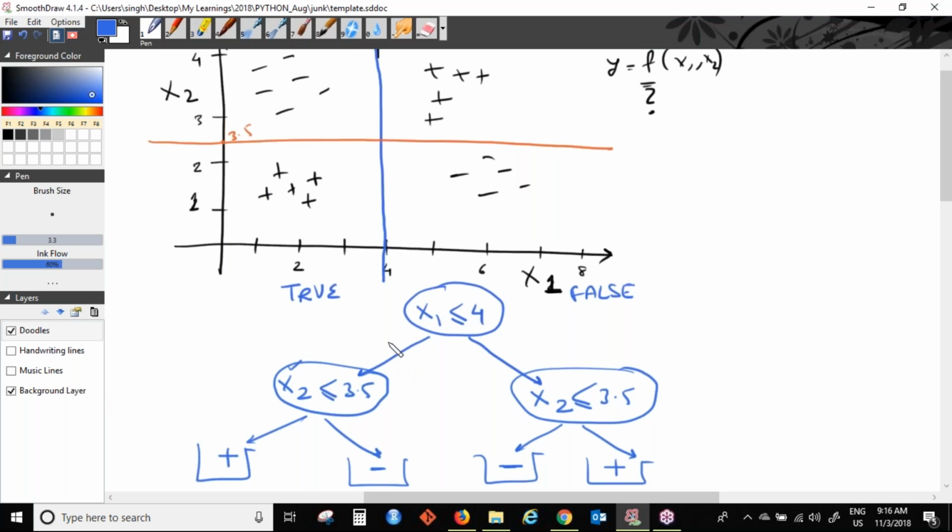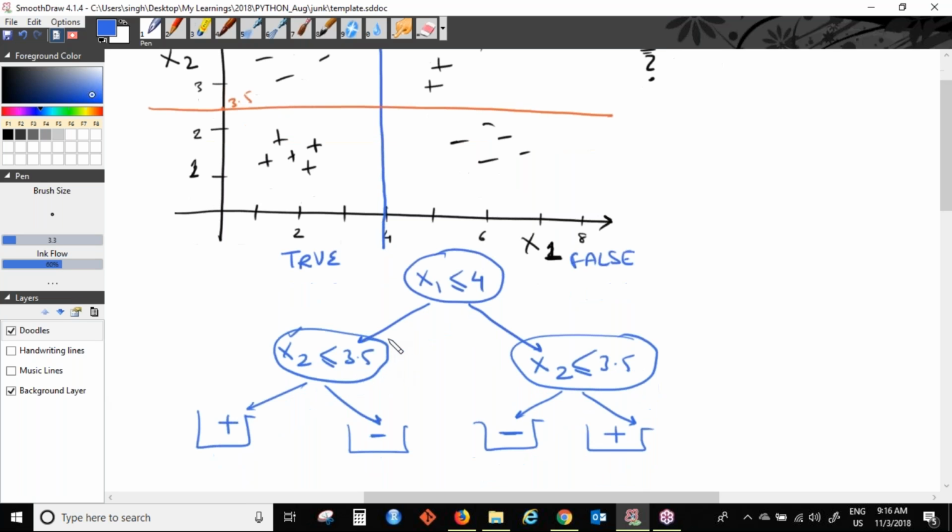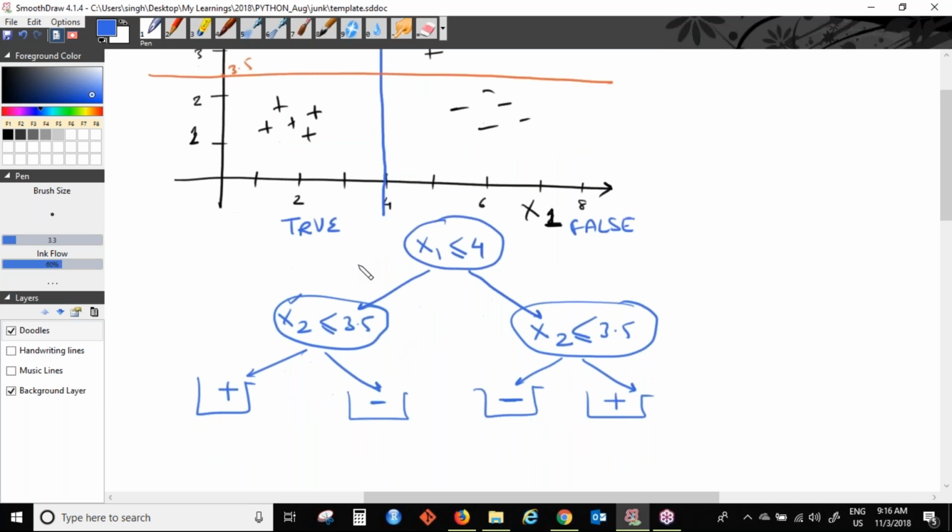Now I have done the same as in the previous example, but here I have a larger tree. Because one decision alone was not enough, I had to take multiple decisions, and then I got my predictions. This is again a simple example.